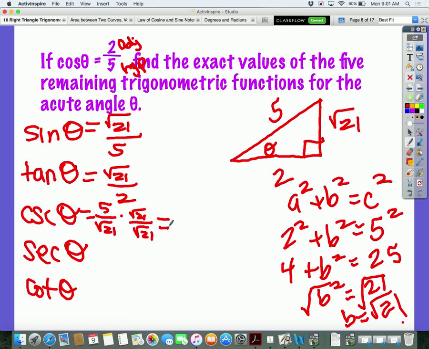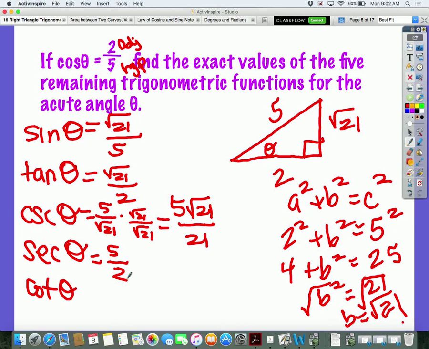Well, when you multiply the square root of 21 by the square root of 21, the radicals are going to end up going away. So you're just left with 21 at the bottom. But on the top, you'll have 5 times the square root of 21, and then that would be your cosecant of theta. Secant will be 5 over 2 because it's just the reciprocal of cosine, which was given to me at the beginning.